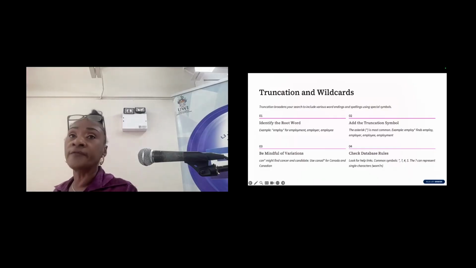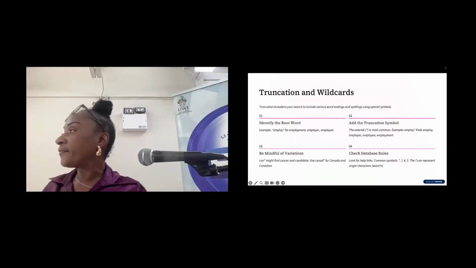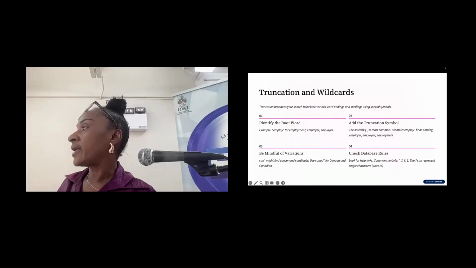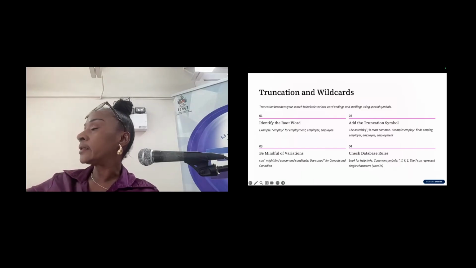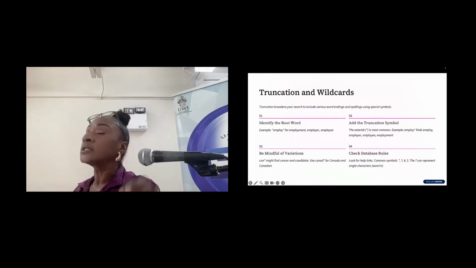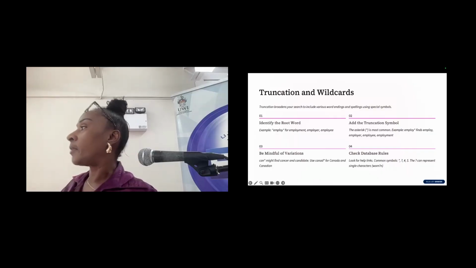Be mindful of the variations that you retrieve. For example, with can, you might find cancer and candle. You have to be careful where you're placing the symbol.